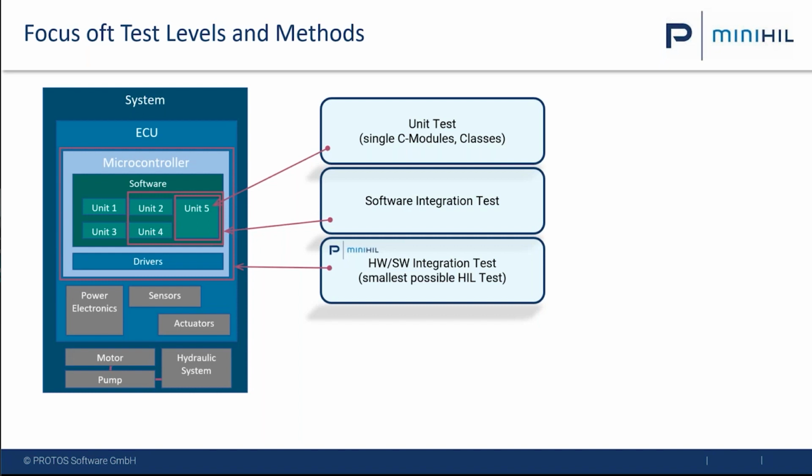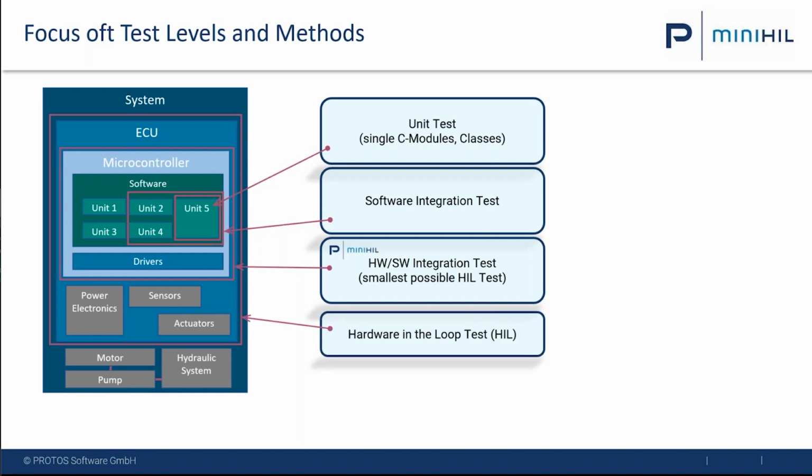So the next step is a big hardware-in-the-loop test. Usually you have already some power electronics, sensors, actuators, and so on in the loop. That's already much harder to automate. It's bigger, it's more expensive, much more expensive. And usually the system is not always on standby for test automation because it's just too expensive to wait for the next commit.